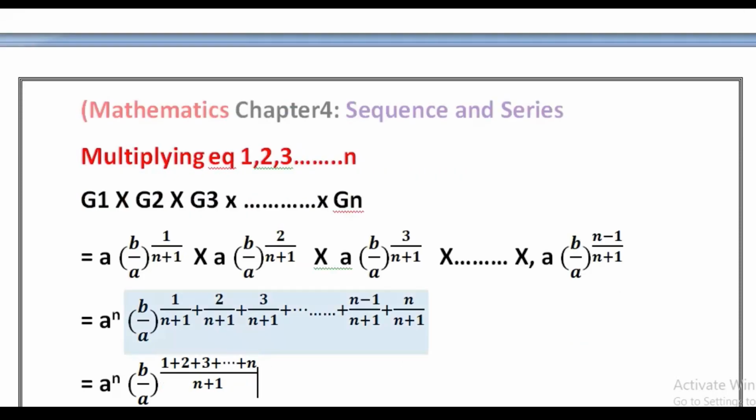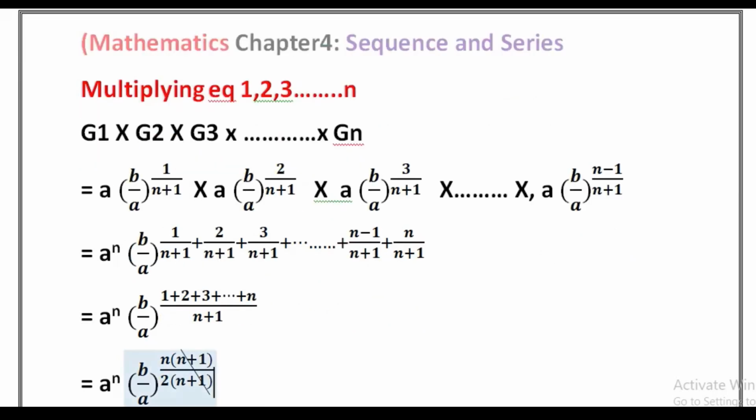So the denominator is the same, LCM n plus 1, power 1 plus 2 plus 3 plus up to n. So next, A power n into B divided by A, and 1 plus 2 plus 3 plus up to n can also be written in the form of n into n plus 1 divided by 2 into n plus 1.